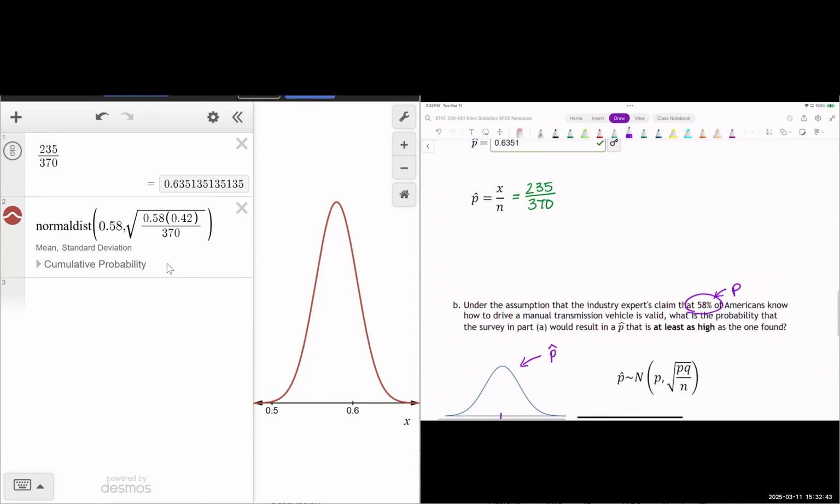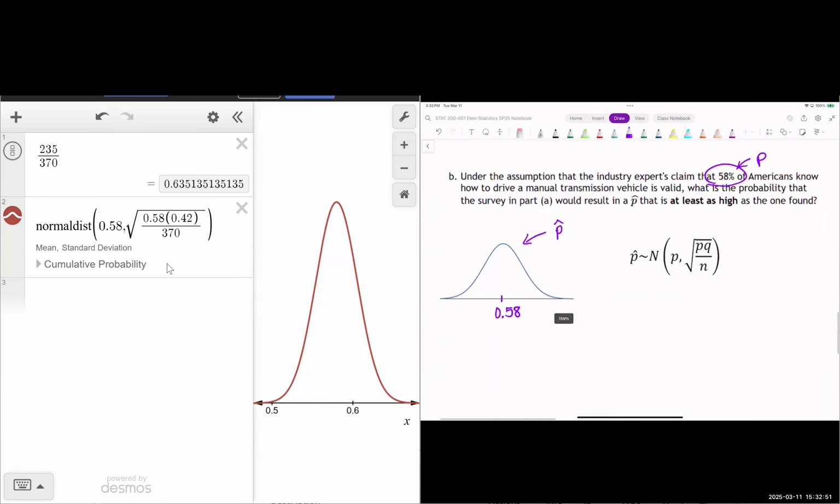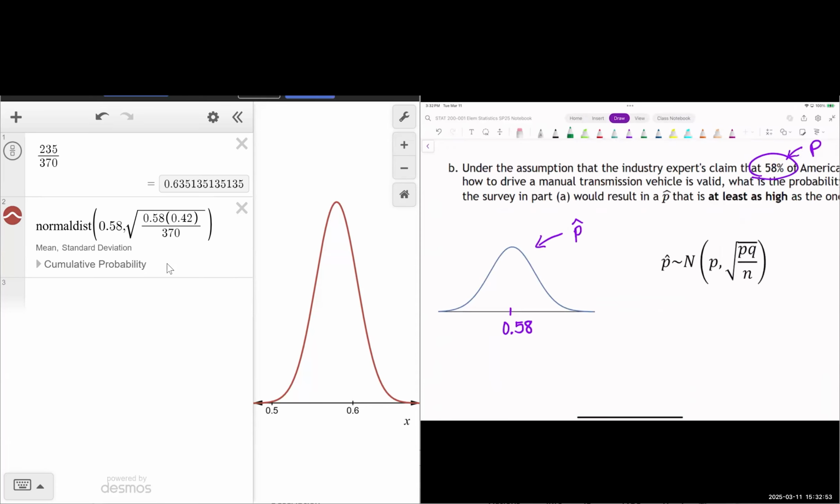The p hat that we found in part A was 235 over 370. For the sake of sketching it here on the distribution, I'll just call that 0.64. And so here's where that p hat is.